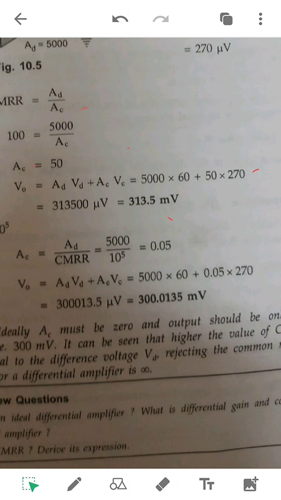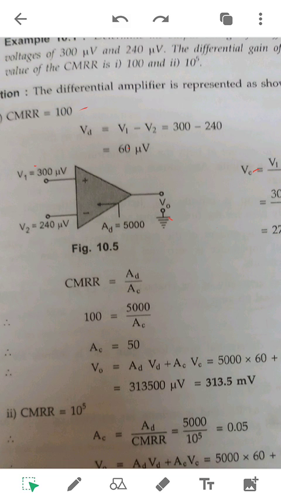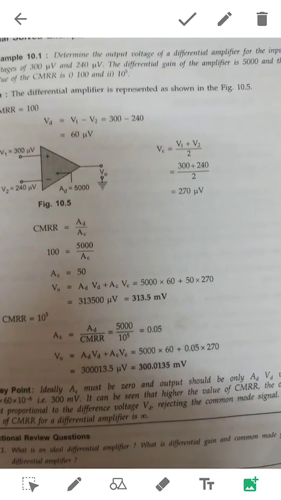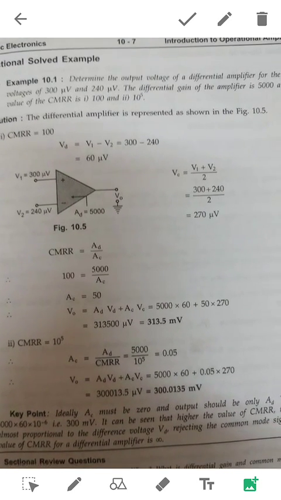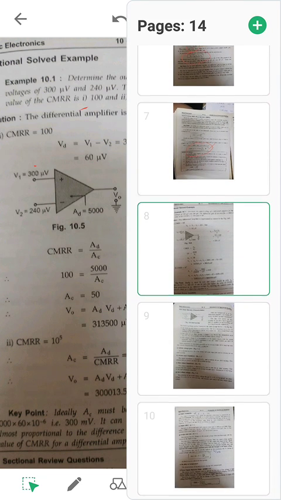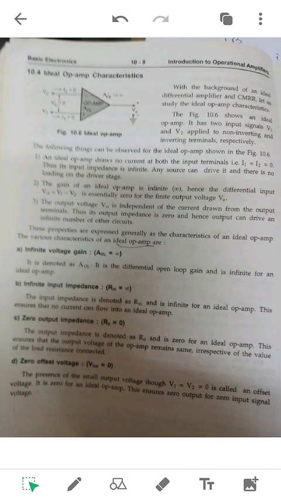Let us see one more parameter called the ideal op-amp characteristics. There are many characteristics they have highlighted for the operational amplifier. These are the ideal op-amp characteristics.